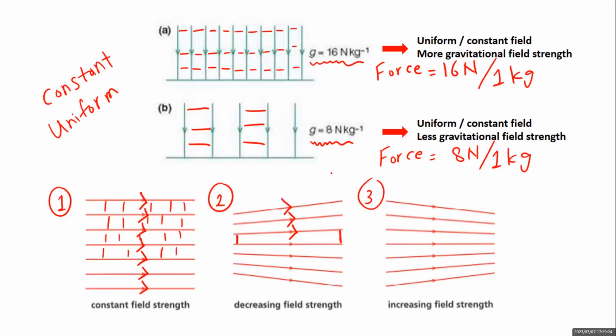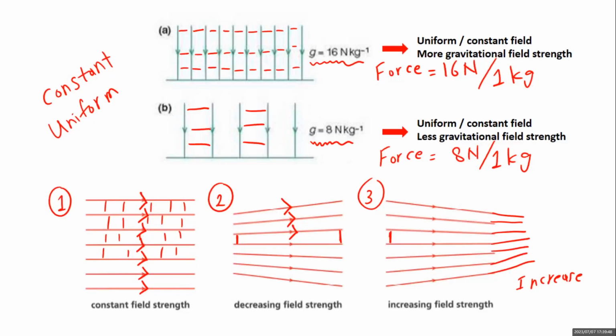Similarly, if you look at diagram number 3, the field lines were spread out at the start, but at the end of the diagram, you can see that they are coming close to each other. As they are closing in on each other, this means that the field is increasing, because there are more lines close to each other.